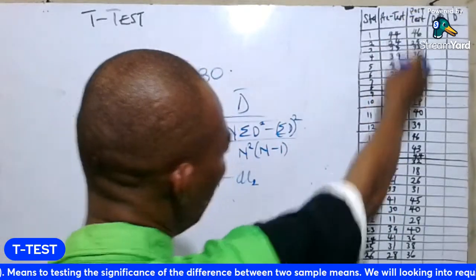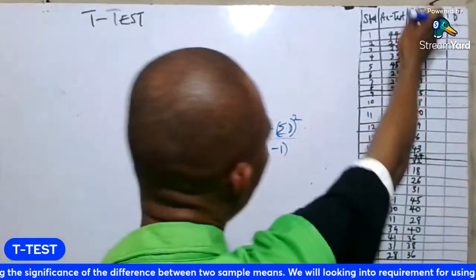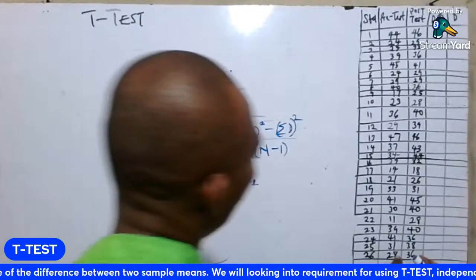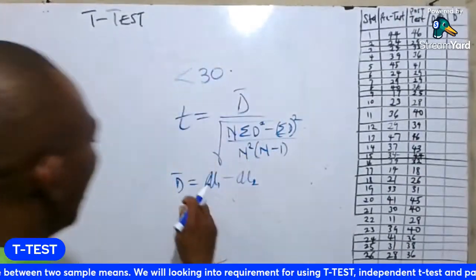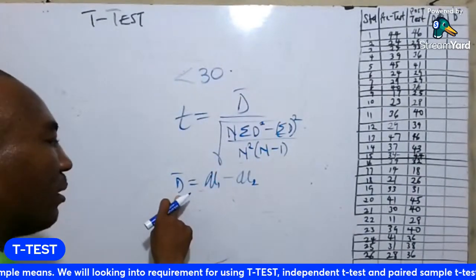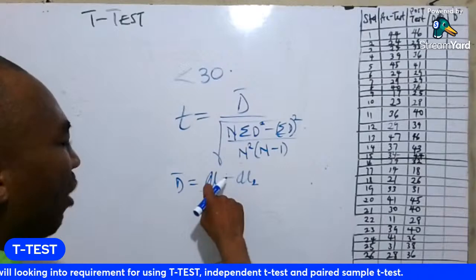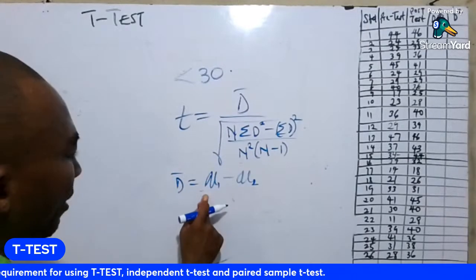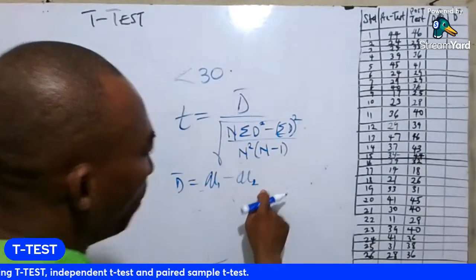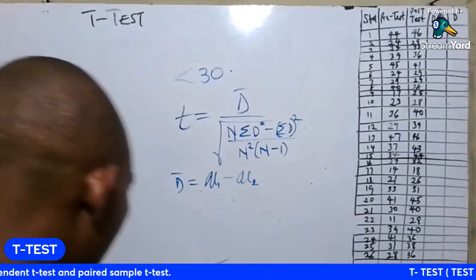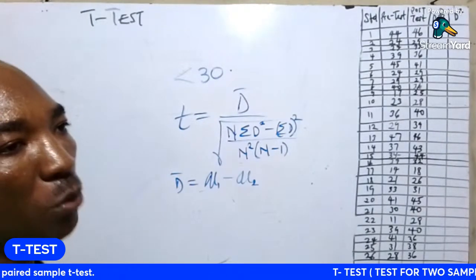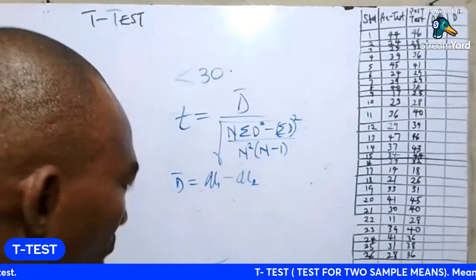That is, you have to find the mean of the pre-test and the mean of the post-test, and when you look for the difference between these two, that is where you get your D bar: the mean of the pre-test minus the mean of the post-test, or the absolute difference of the mean. So is that taken now?